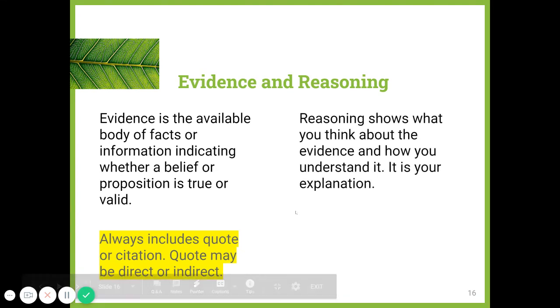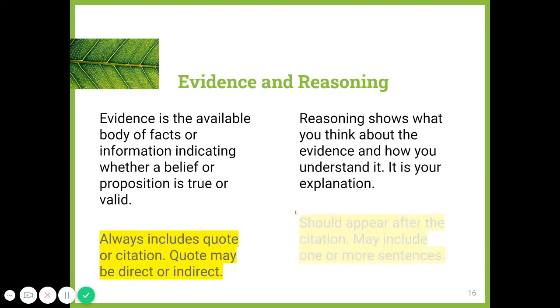Reasoning sentences show what you think about the evidence and how you understand it. It is your explanation. So the word reasoning is another word for explaining. Reasoning sentences should appear after citation. It may include one or more sentences.